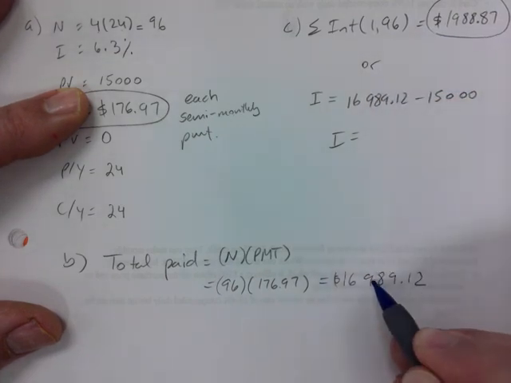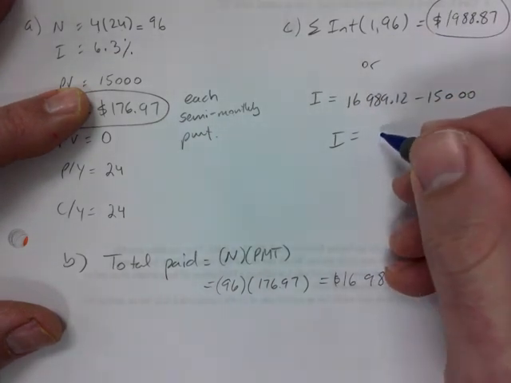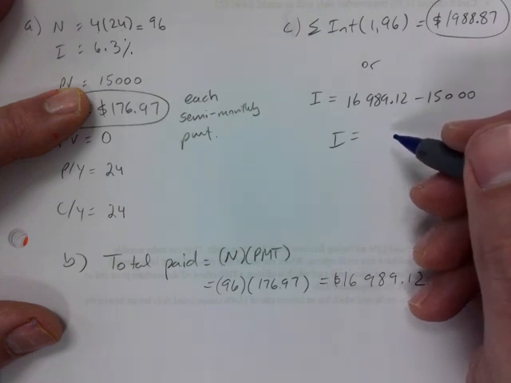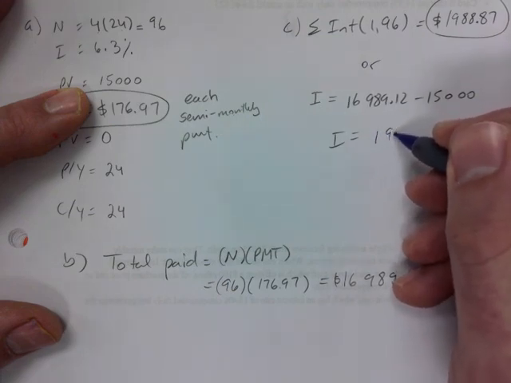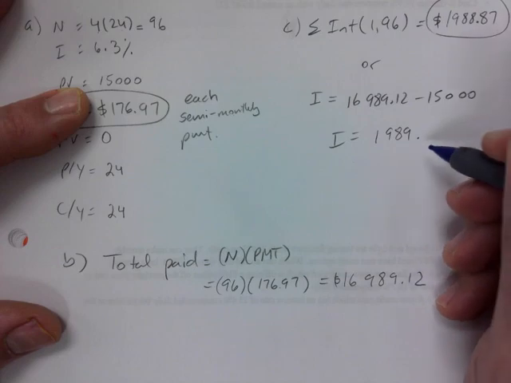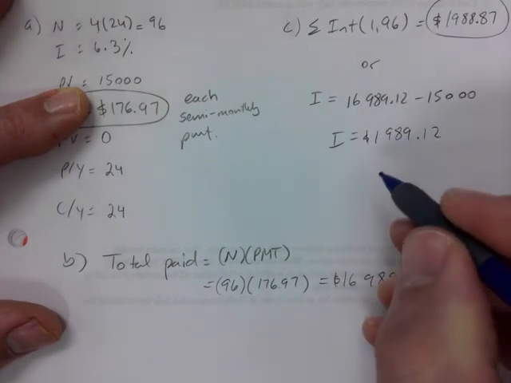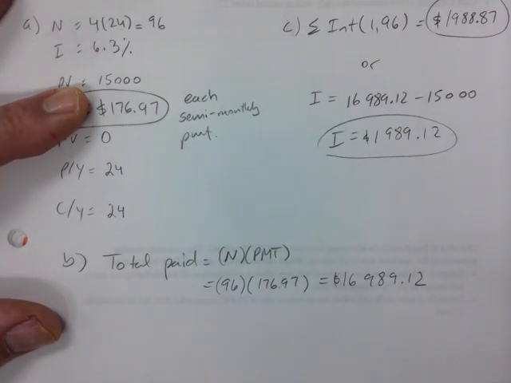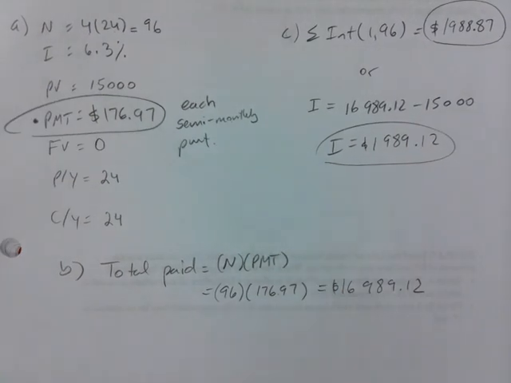This I get from here, right? And that's 1,989.12. If you do it using the formula, it's slightly off, but that's all right.